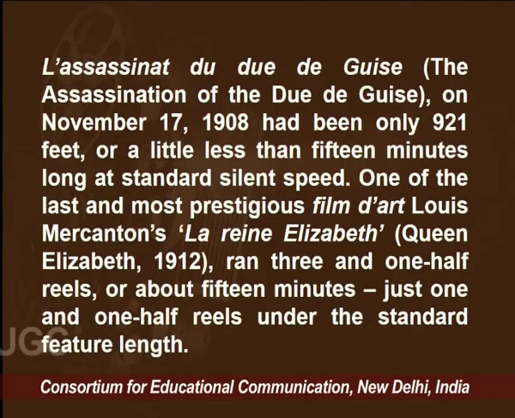One of the last and most prestigious films, Queen Elizabeth, which was released in 1912, ran 3.5 reels, or about 13 minutes, just 1.5 reel under the standard feature length. Now, Hollywood was producing one reelers, Quo Vadis, and these Italian spectacles that I'll be talking about. Or maybe I have talked about it, I'll skip it, I'll start with D.W. Griffith now. And then you have long plays being recorded.